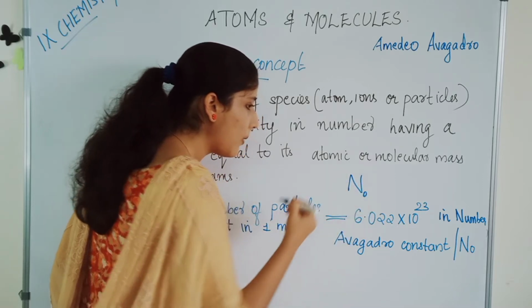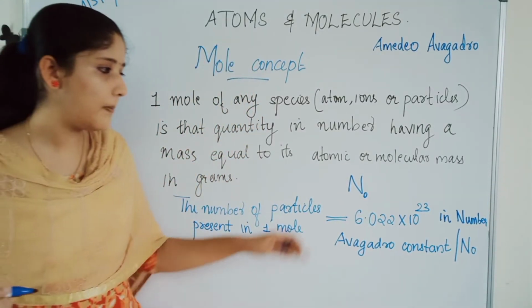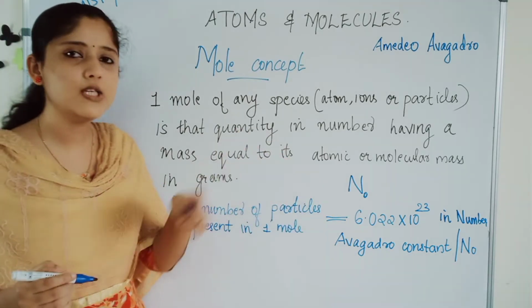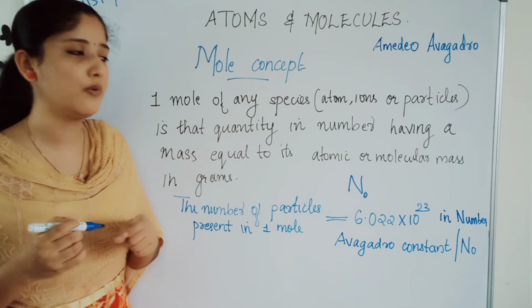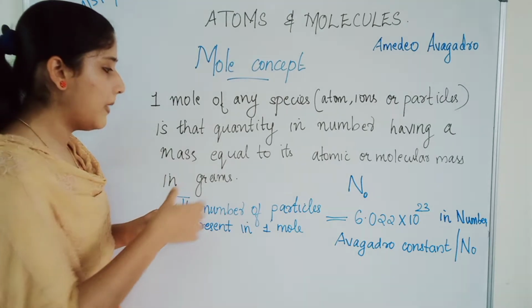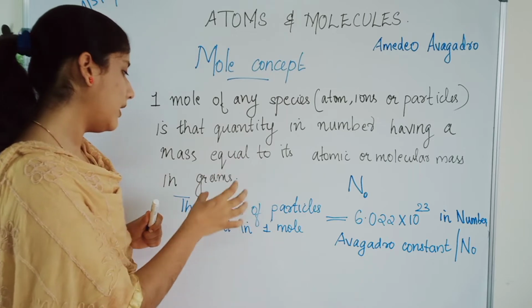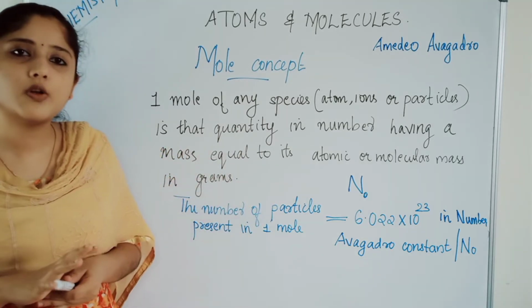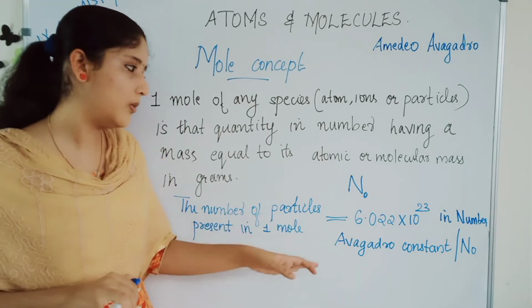We can represent Avogadro number as N0. The value is 6.022 into 10 raised to 23. The number of particles present in 1 mole is 6.022 into 10 raised to 23.